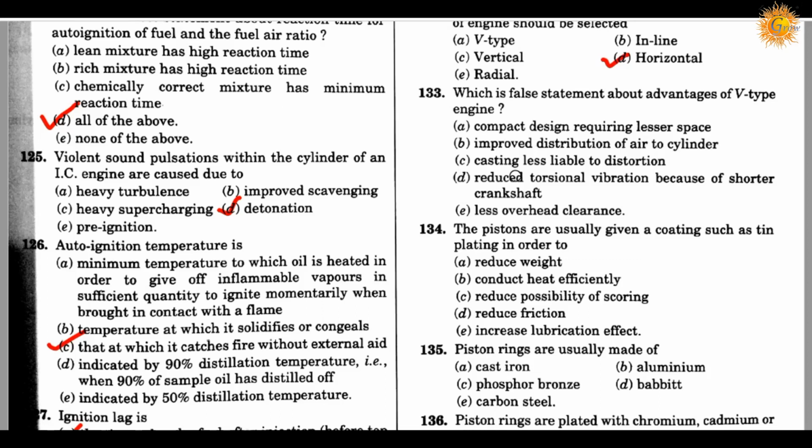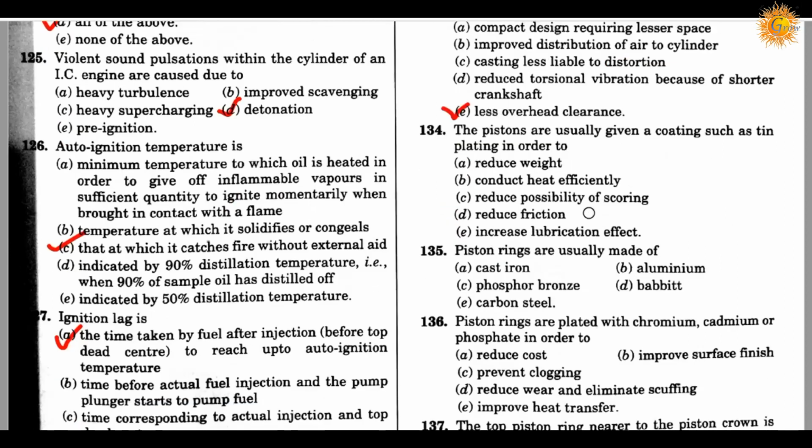Option C, casting less liable to distortion. Option D, reduced torsional vibration because of shorter crankshaft. Option E, less overhead clearance. So the correct answer is E, less overhead clearance.